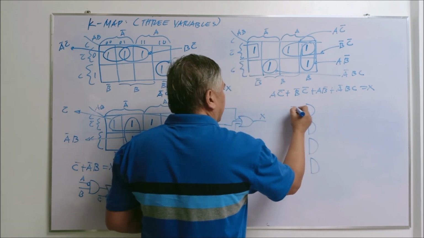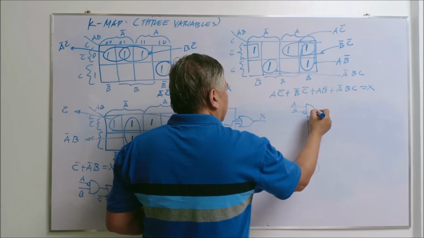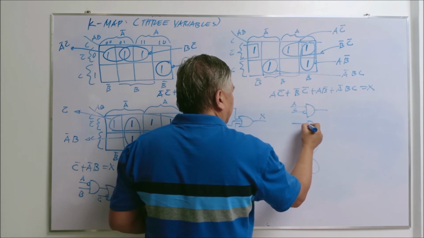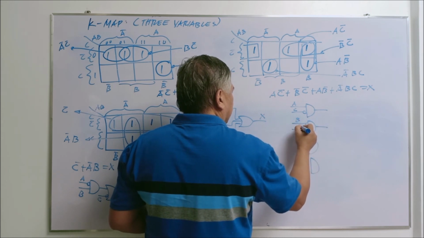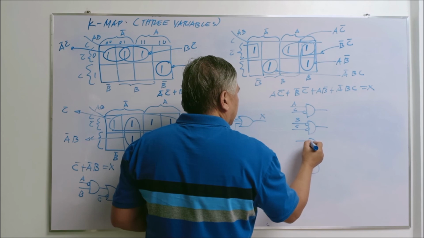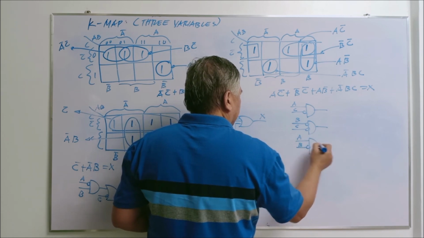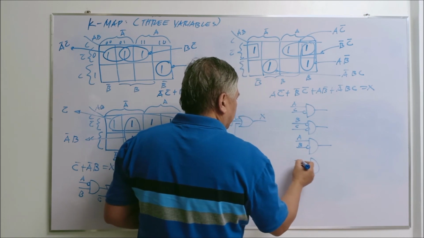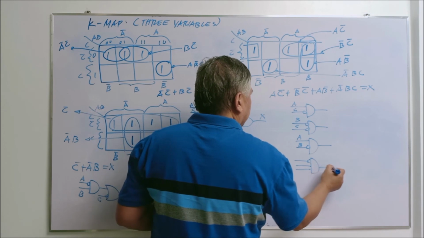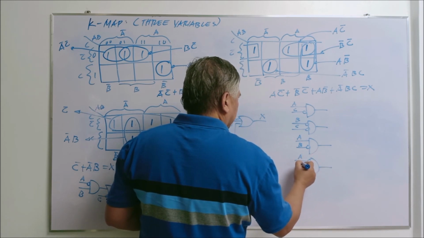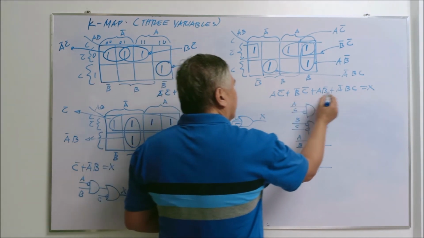Then you have A, C bar, then B bar, C bar, and then you have A, B bar, then you have A bar, B, C. And these AND gates are being ORed together.